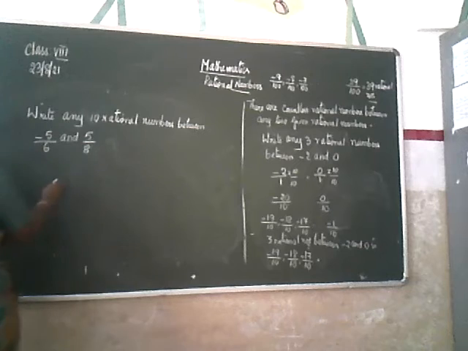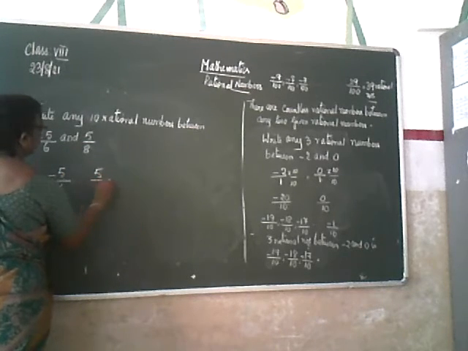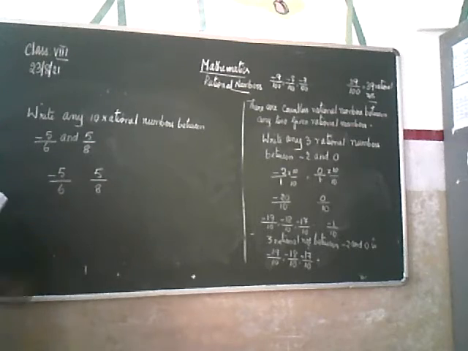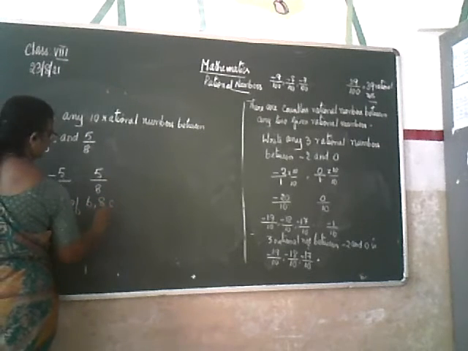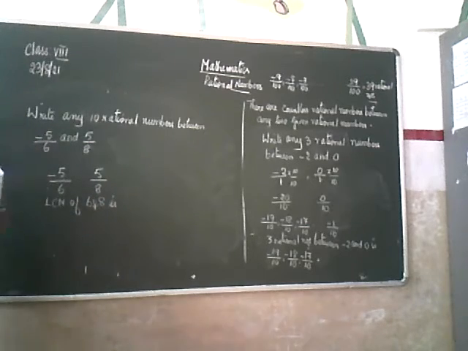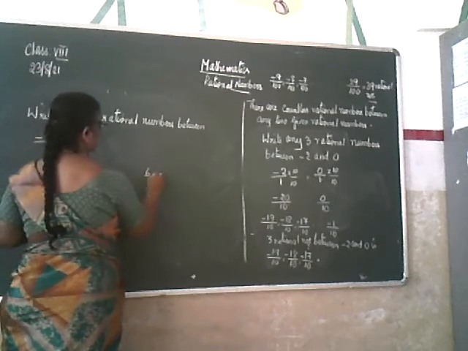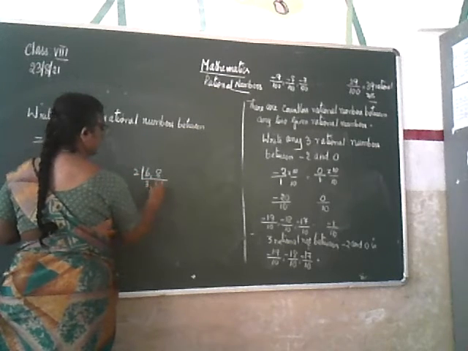So, let me consider minus 5 by 6 and 5 by 8. Since the denominators are different, let me find out the LCM of the denominators. So, let me find out 6, 8. 2 3s are 6, 2 4s are 8.